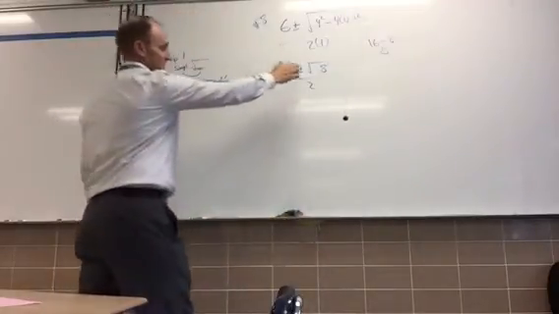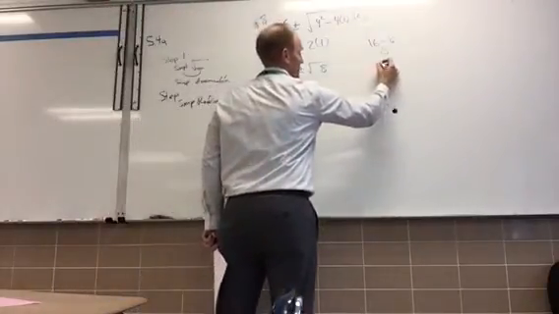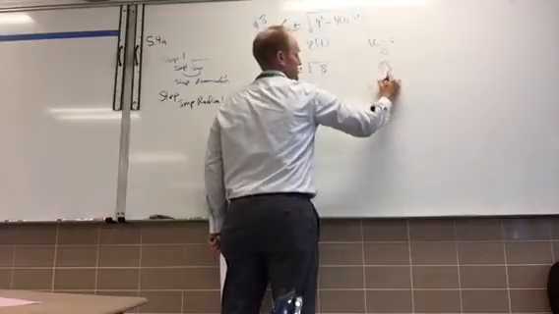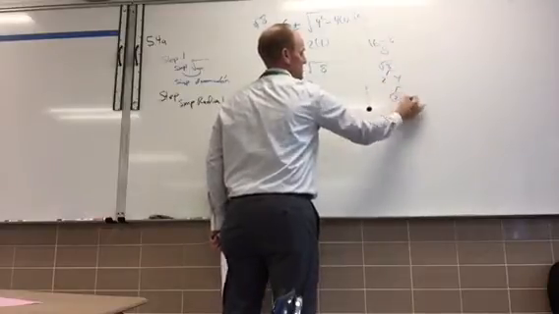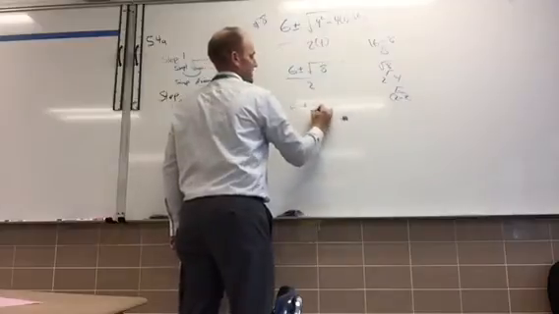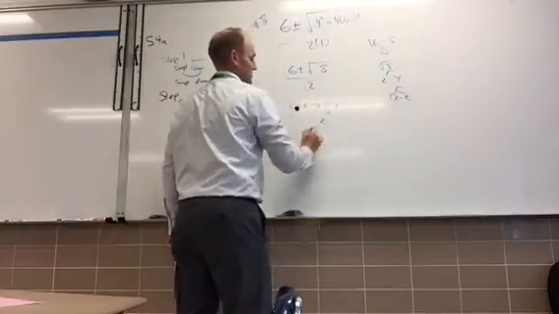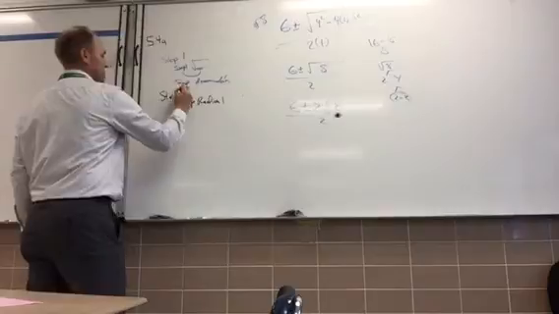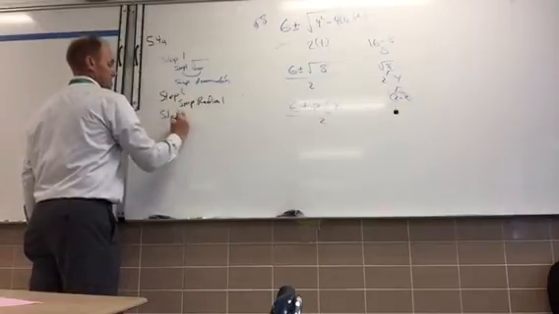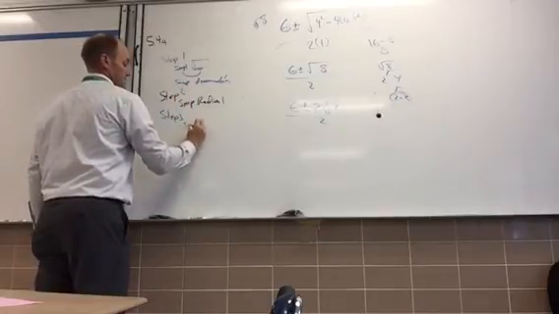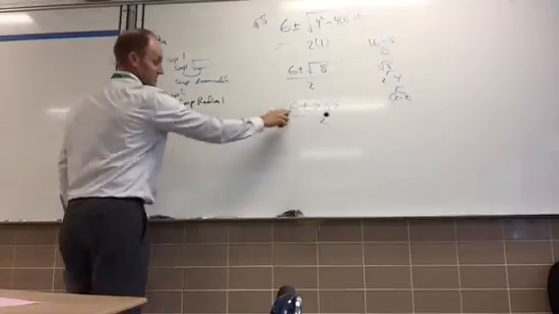Step 2. Simplify the radical if it can be simplified. So square root of 8 is 2 times 4, 2 times 2. So I get 6 plus or minus 2 root 2 over 2. Step 3, separate.